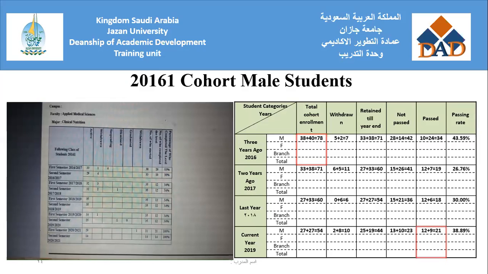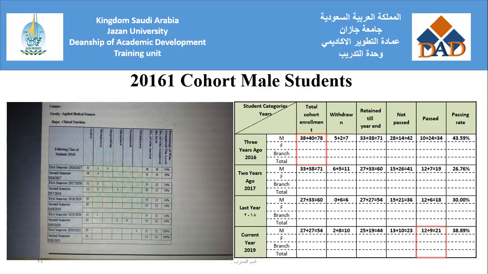Please observe here, I have taken on the right side table 38 plus 40 equals 78. 38 is the first semester enrollment students, and 40 is the second semester enrollment students. So now here I have a sheet on the left side.